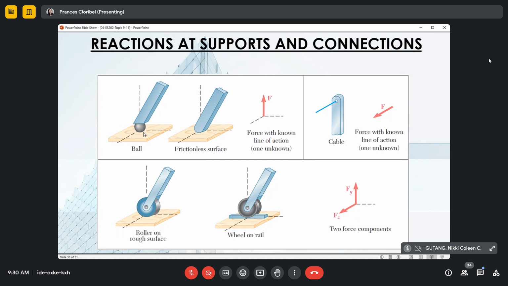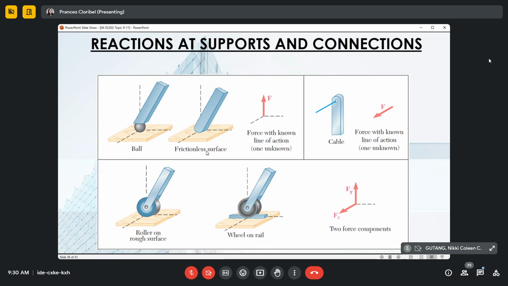Therefore, there is one reaction with one unknown for this type of support: the normal force that is always perpendicular to the plane. Vertical na po.